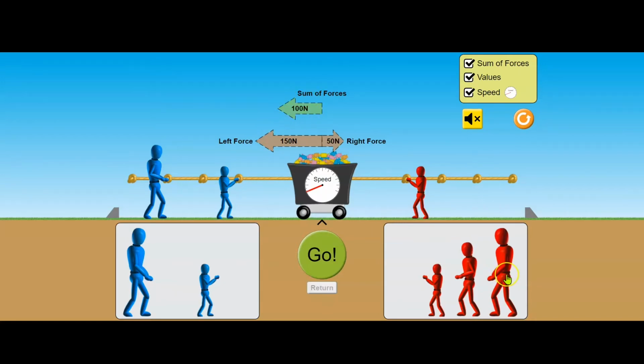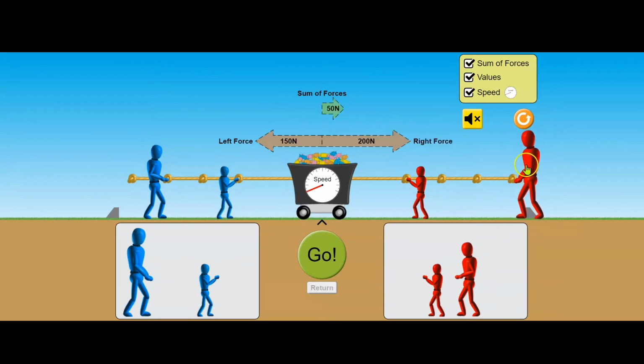But I want the red team to win today. So I'm going to choose the largest team member on the red side, and I'm going to put them at the end of the rope. So now what do we notice? Well, it looks like these small people are pulling with 50 newtons on each side, so they cancel out.